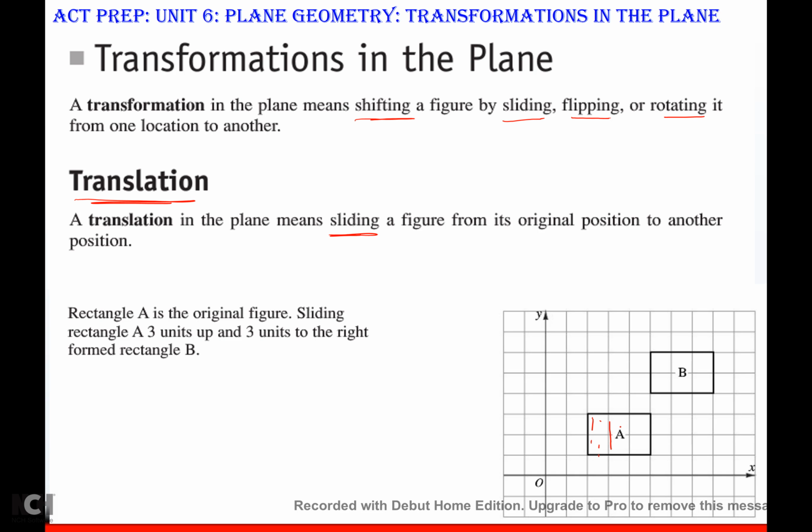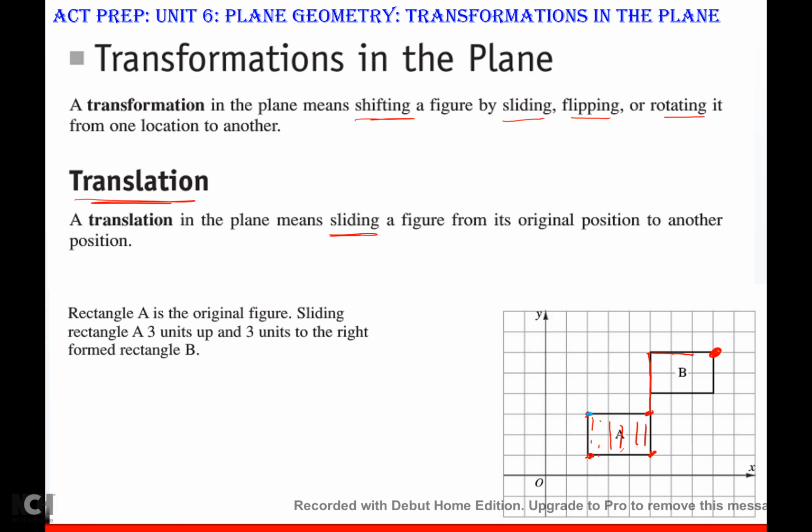If you look at rectangle A here, it is the original figure. If I slide rectangle A 3 units up and 3 units to the right, it will form rectangle B. So if I take each of the 4 corners and I move up 1, 2, 3 and right 1, 2, 3, that puts that corner there.